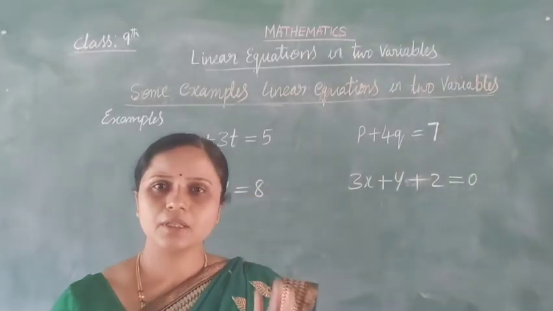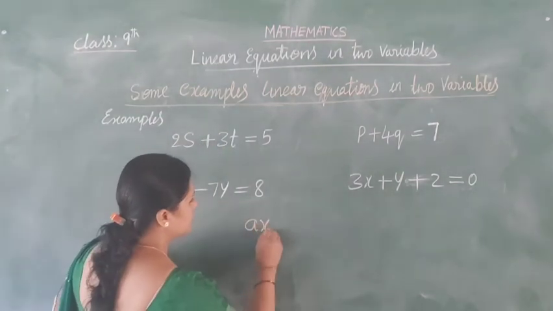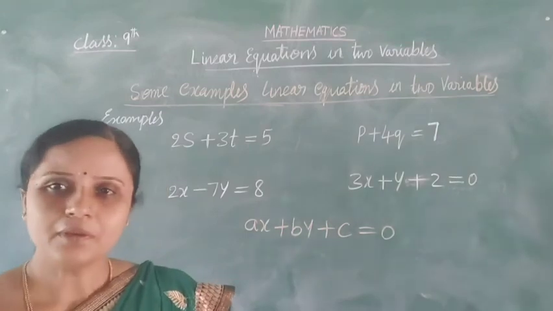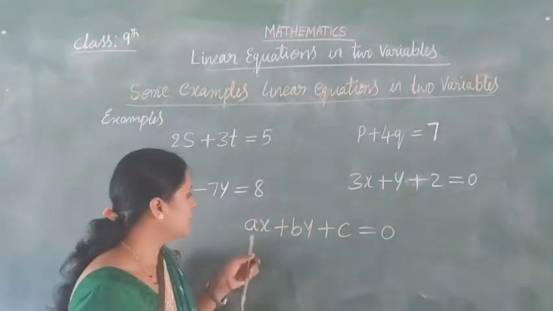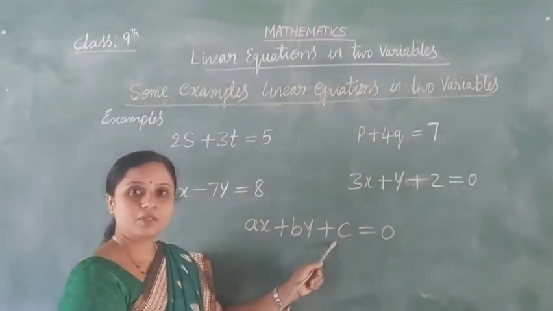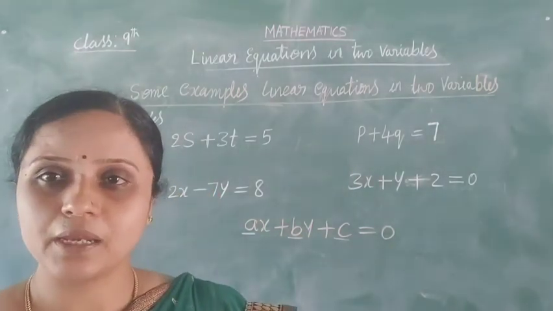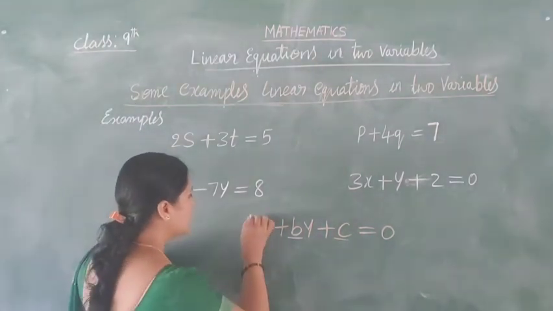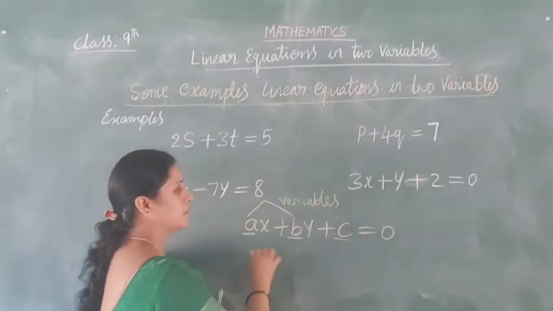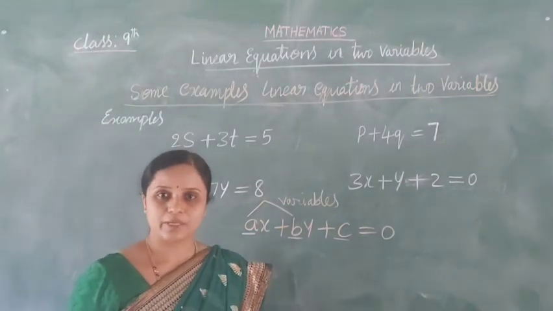So any equation which can be put in the form of ax plus by plus c equal to 0, where a, b, c are real numbers and x and y are variables, is called a linear equation in two variables.